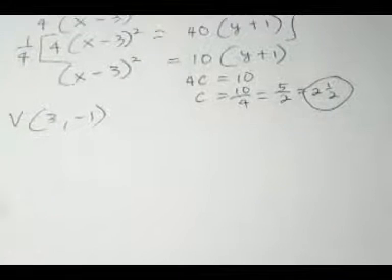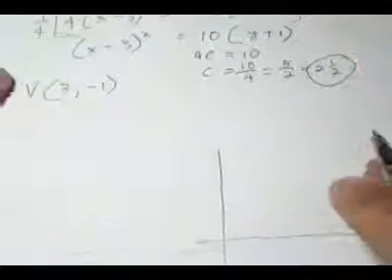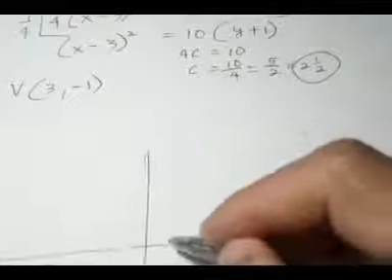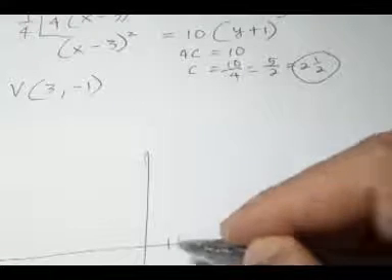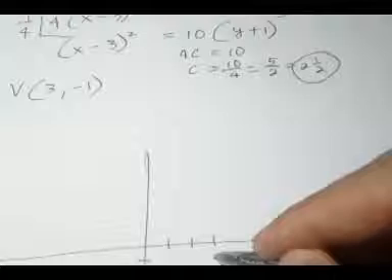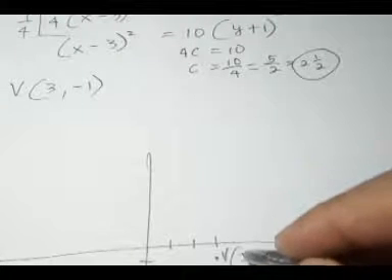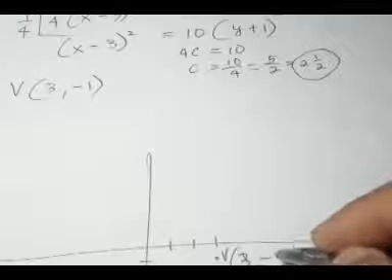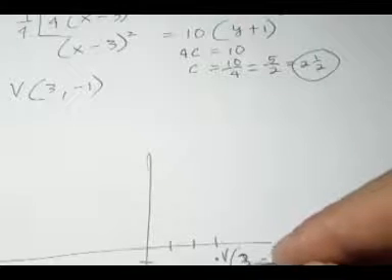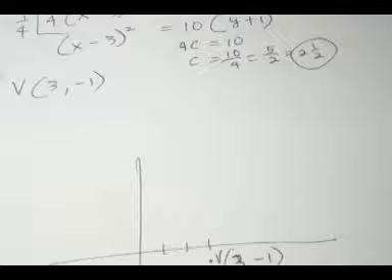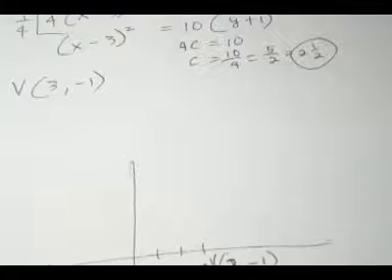So supposing this is our graph, the vertex is 3, negative 1. This is our vertex. B, 3, negative 1. And it is open up.